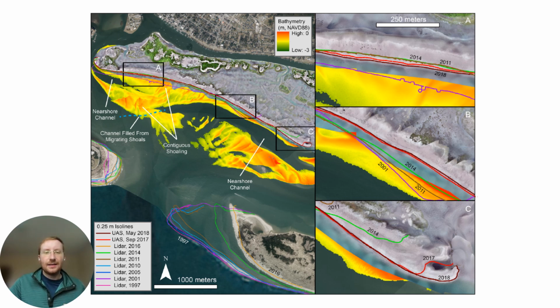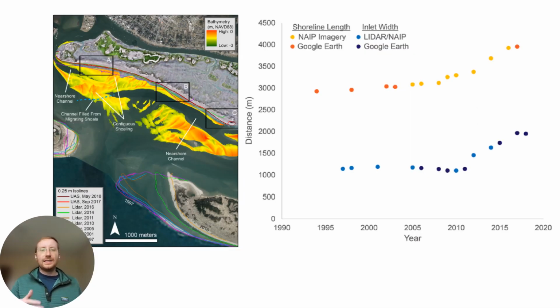Not only that, a lot of the change has been happening down in the eastern part of Bird Shoal, where the island has been extending and building out. When you look at how that island has been building out, and also at how this inlet has been widening through time, we can see a connection in terms of what's happening.